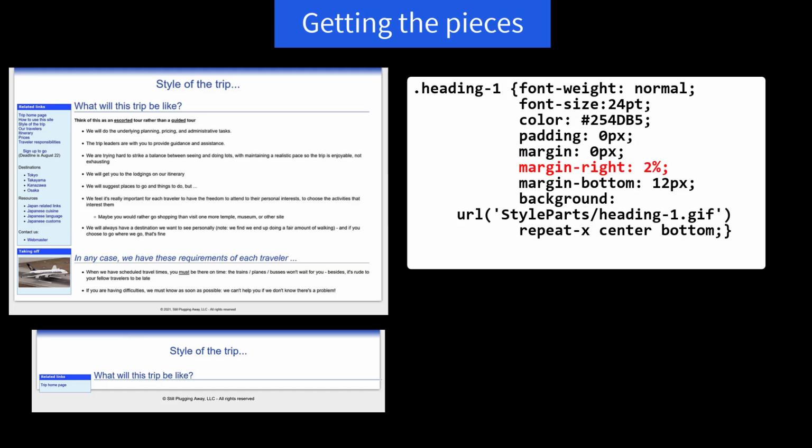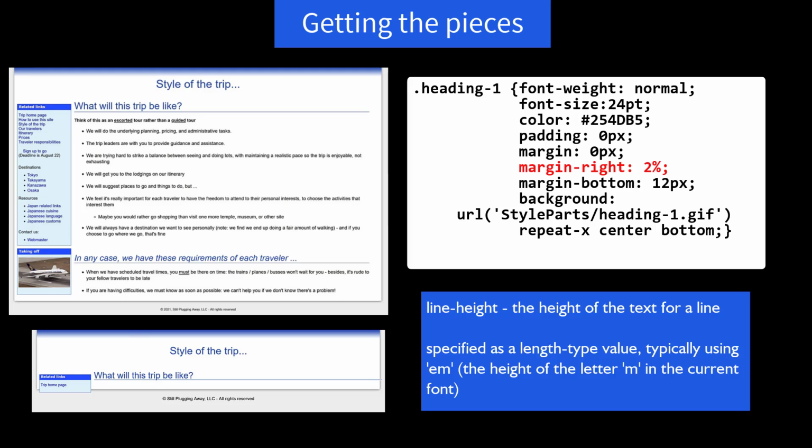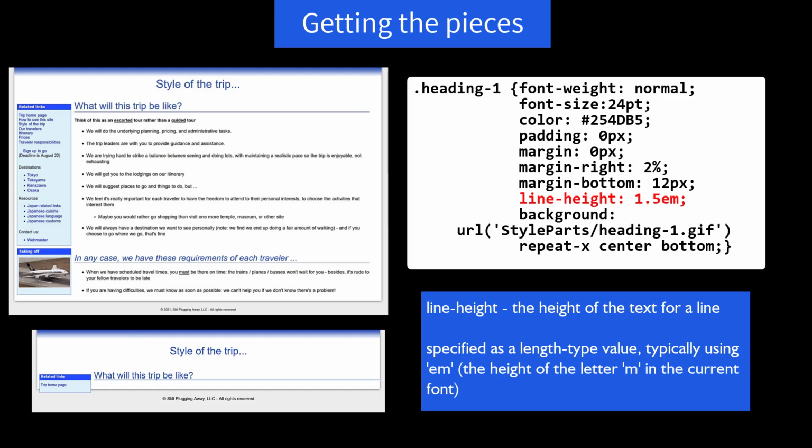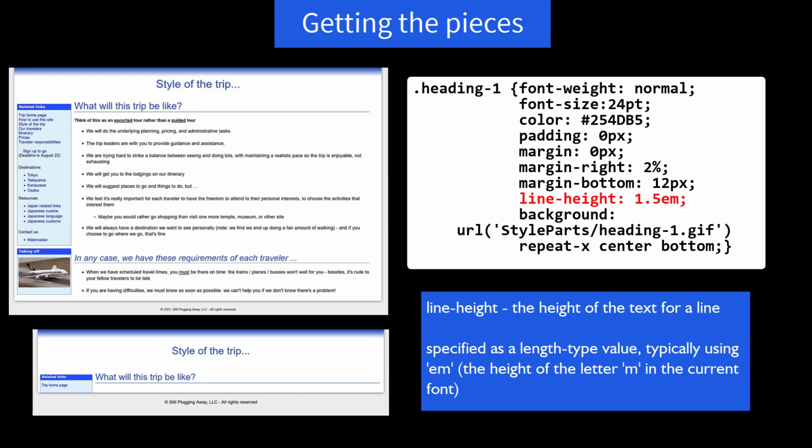To solve the second problem, we need to introduce a new style property, line height, the height of the text for a line, specified as a length type value, typically using ems, the height of the letter M in the current font. Here we choose line height 1.5 M. Now this value is somewhat arbitrary, but it's chosen based on experiments and the coder's sense of aesthetics. Now if we add these two properties to the heading 1 style rule, our page now looks like this.